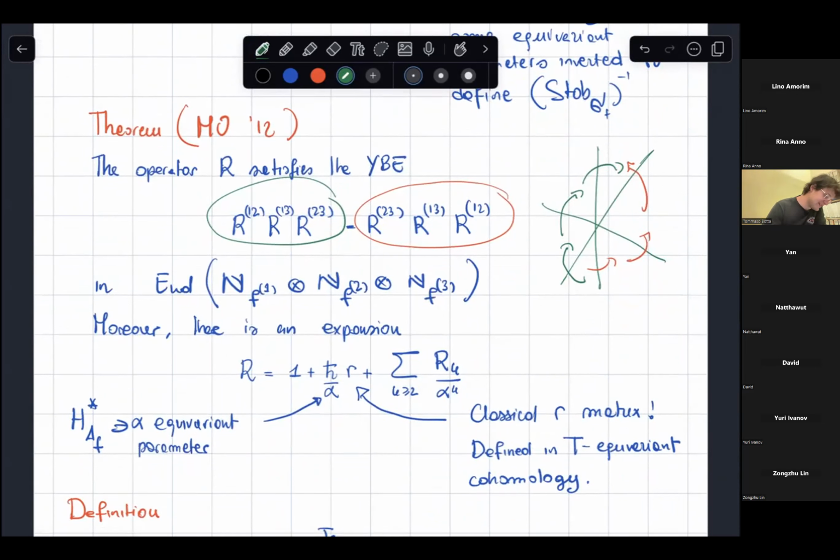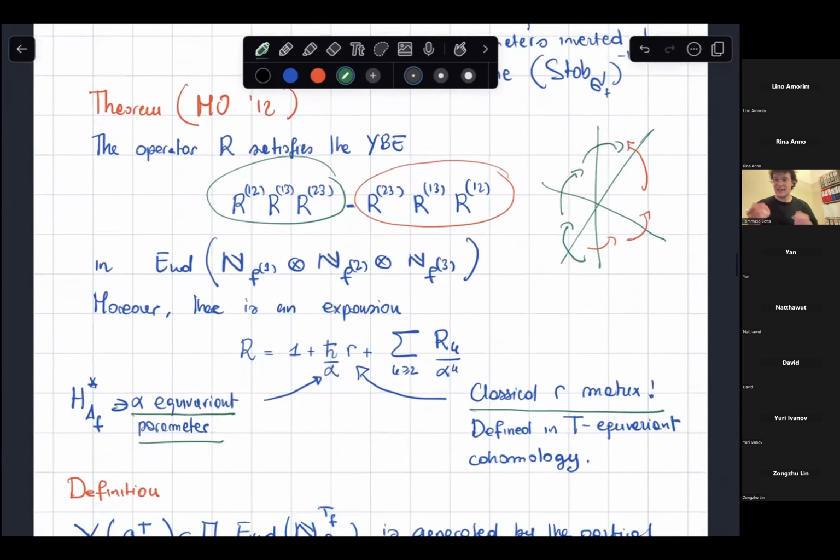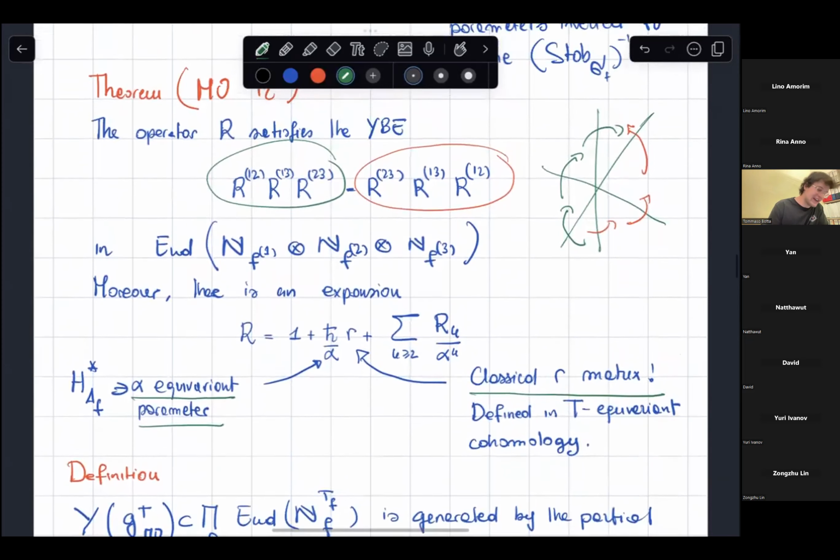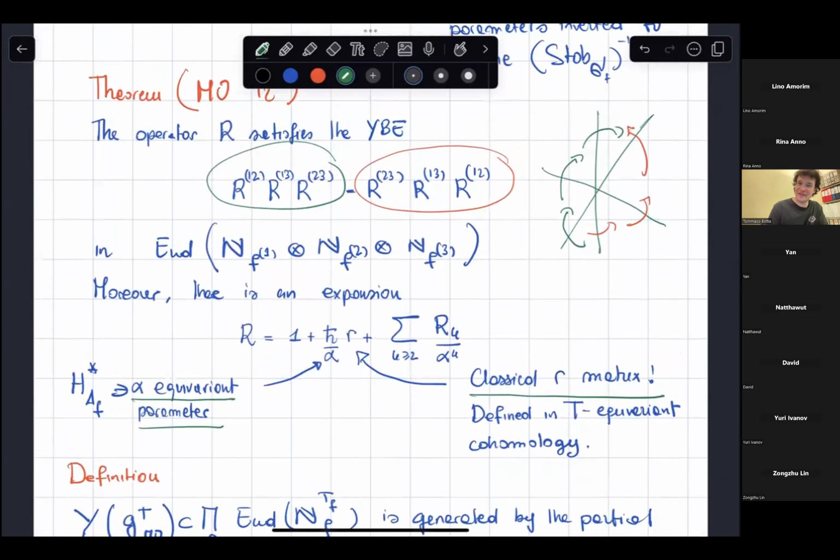And as soon as I pick this equivariant parameter, this expansion is unique, and I have a classical R matrix, which is defined as the first coefficient of this expansion. Classical R matrix in the sense that it satisfies the classical Yang-Baxter equation, which is somehow the first degree approximation of the Yang-Baxter equation.